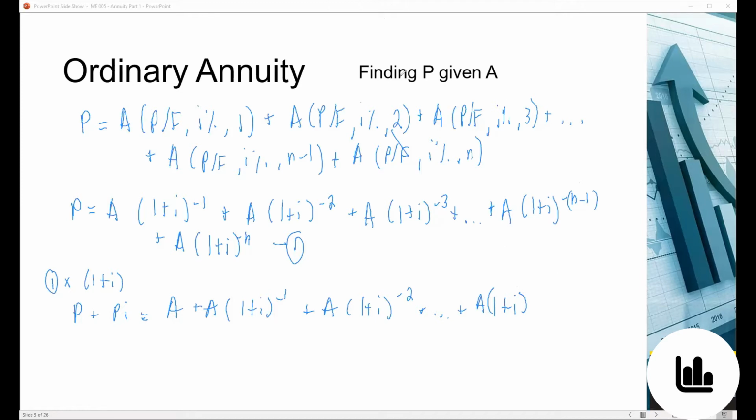Pakita lang natin, para mas maintindihan. Di ba? Meron ditong, ibahin ko lang yung kulay. 1 plus I divided by 1 plus I N minus 1. Ayan na, di ba? Okay, ano mangyayari? How are we going to resolve the exponents?